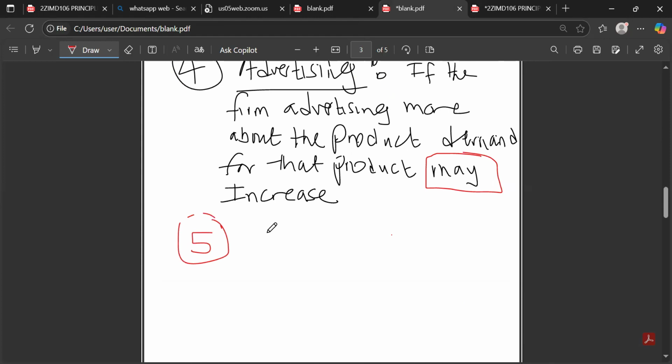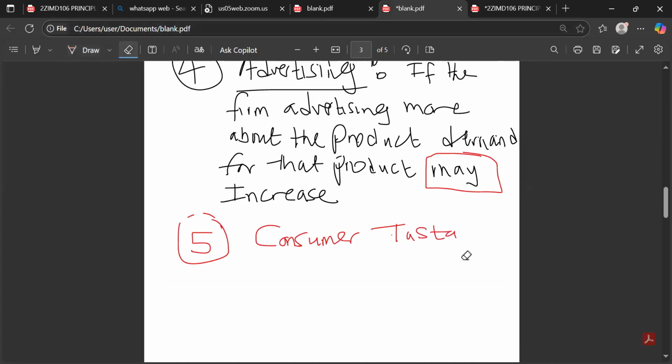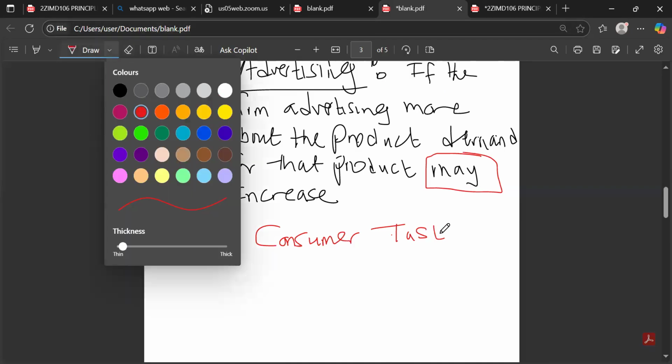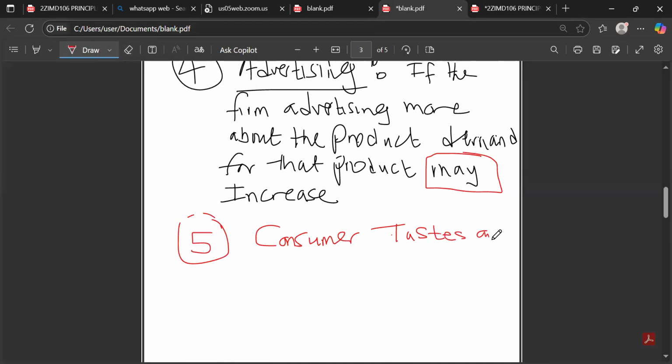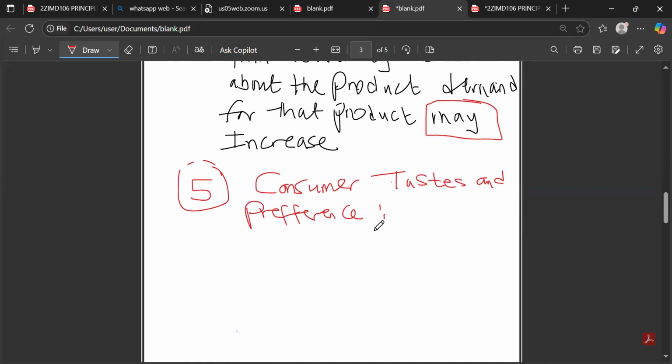And of course, we can talk about consumer tastes and preferences. If consumers have tasted the product and they know that it's a good product, the demand can increase. You get the point? Yes.